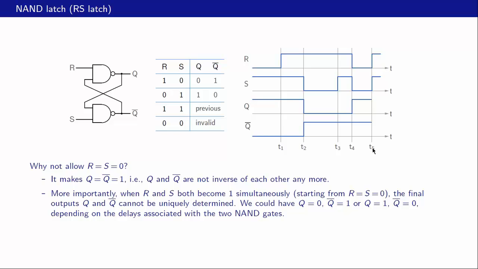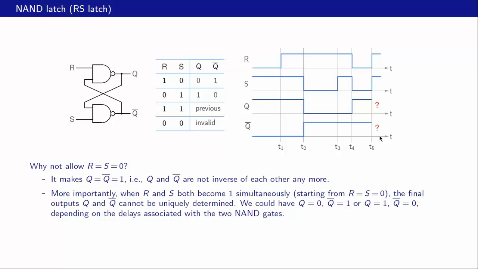And suppose that at T5, R has gone back to 1 and S has also gone back to 1. So now we have R equal to 1, S equal to 1. What does the table say for R equal to 1, S equal to 1? It says previous. Now the question is, which previous value? Is it Q equal to 1 or is it Q bar equal to 1? And there is a question mark here.